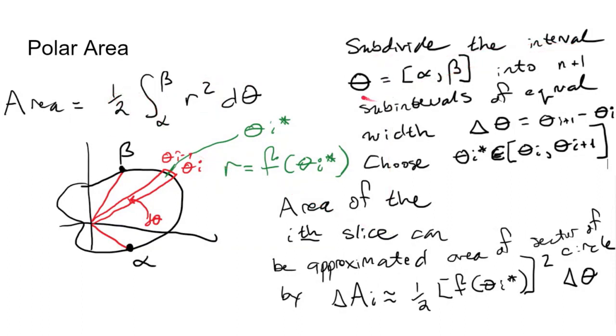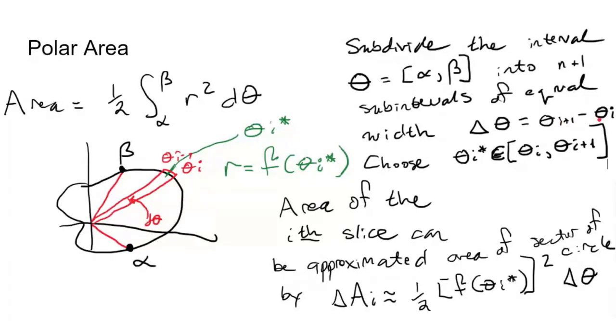So subdivide the interval theta from alpha to beta. So alpha's right here, beta's up here. So subdivide this just like into a bunch of pizza slices, as many as you want. I guess they don't necessarily have to be of equal width, but it's just easier to deal with when they're equal width. Theta sub i plus 1 minus theta sub i.